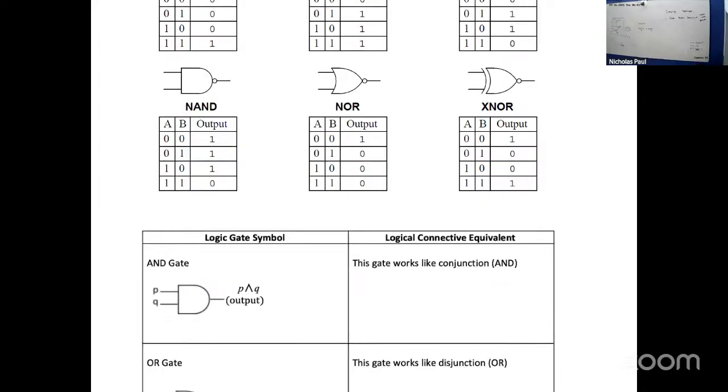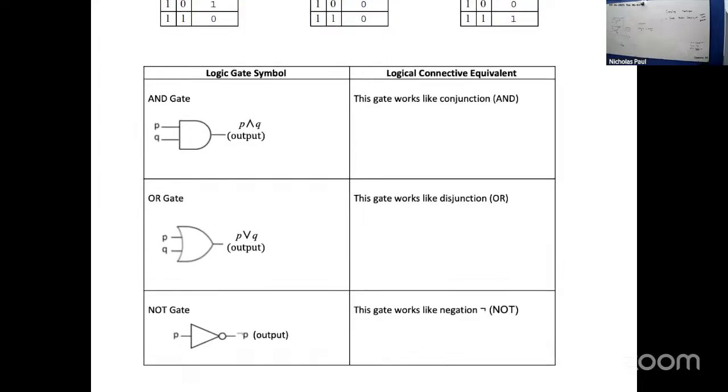I don't know if everybody did pure math, so I'll go over this. An AND gate can be represented by something called a conjunction.